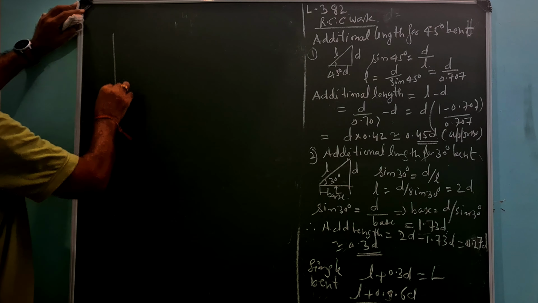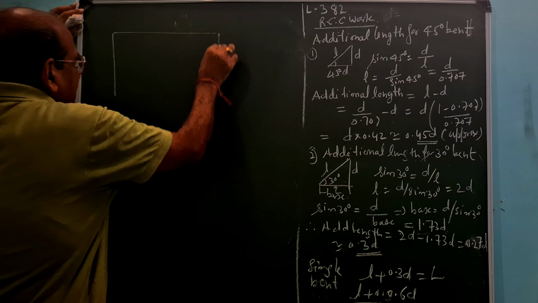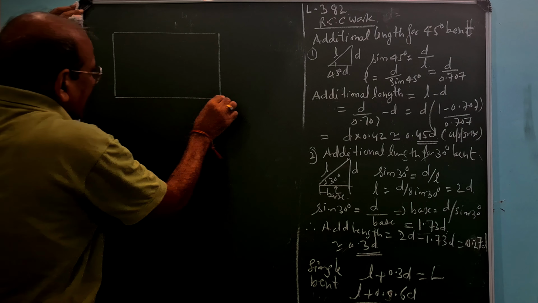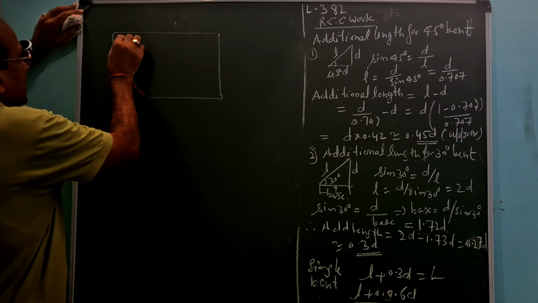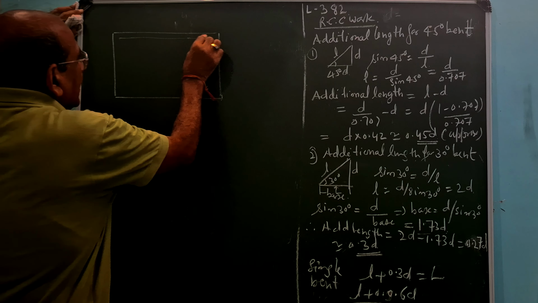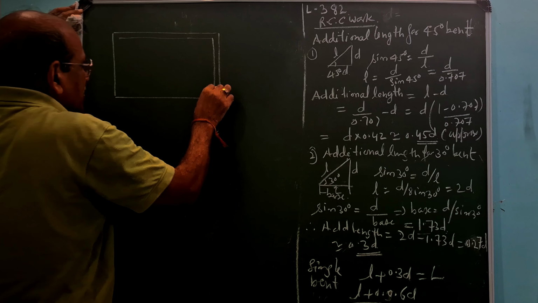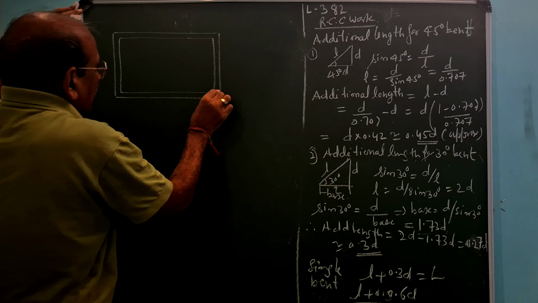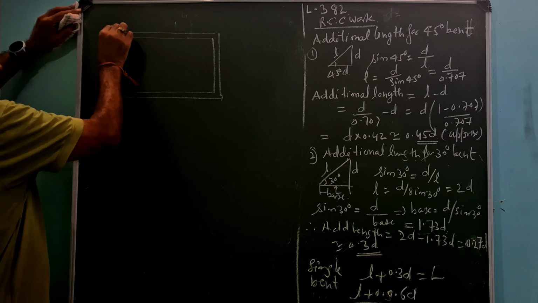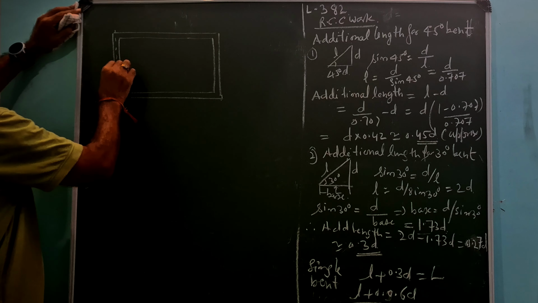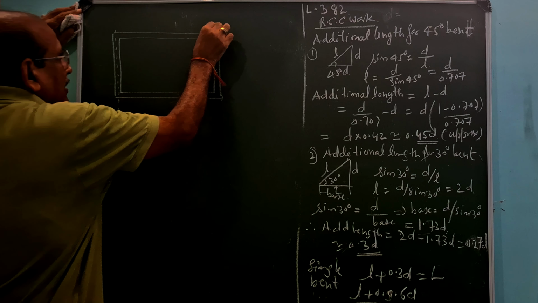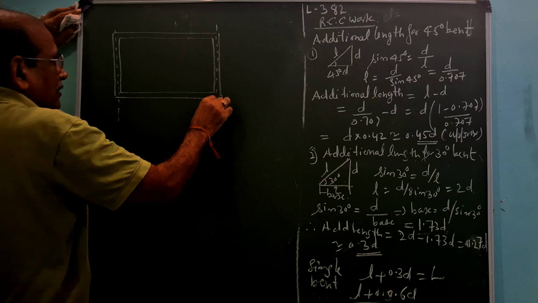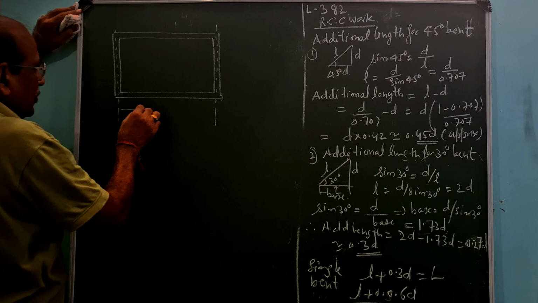For a slab, suppose a slab is created like this, and this is a 30 centimeter wall. If you take the half cover, the center line is at 15 centimeters.